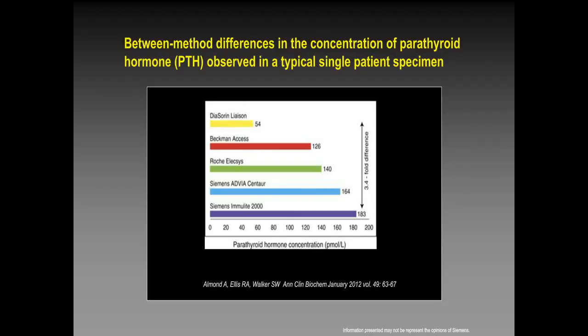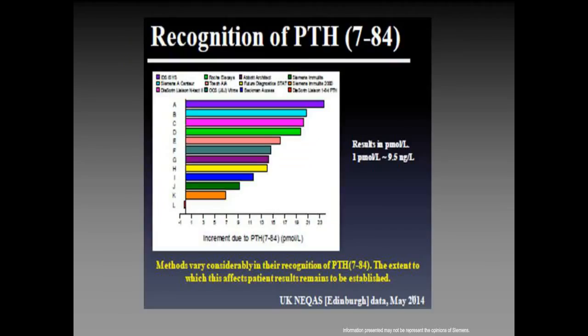So all of these are supposedly intact PTH assays, and are supposed to measure just the 1 to 84, but in actual fact, there is significant detection of the 7 to 84 PTH peptides. So you can see that there's a greater than threefold range in PTH assays, and you can begin to imagine how difficult it's going to be to try to get a meaningful comparison between labs. And we're going to talk about this in terms of practice guidelines in a minute.